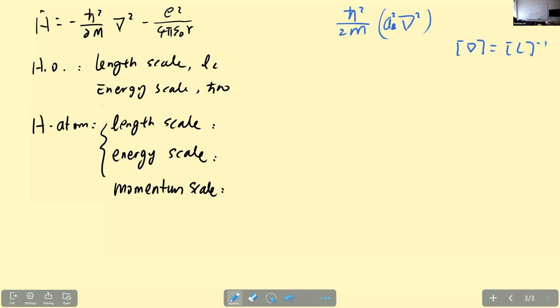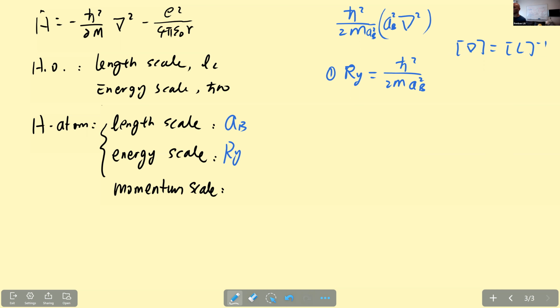So what we need to do is just put an a_B right here. First of all, we can have the energy scale, and this one the length scale. That will equal h bar squared over 2m a_B squared. That's one thing, but you have two variables, so you cannot determine this one.